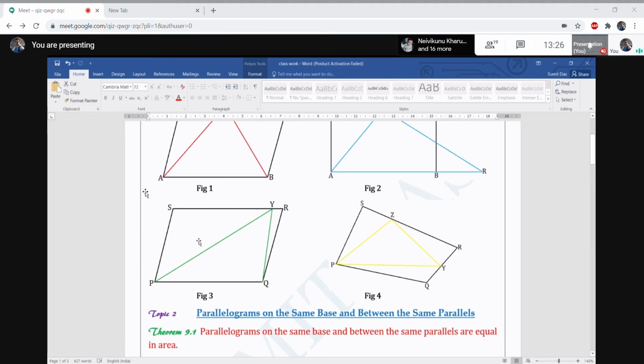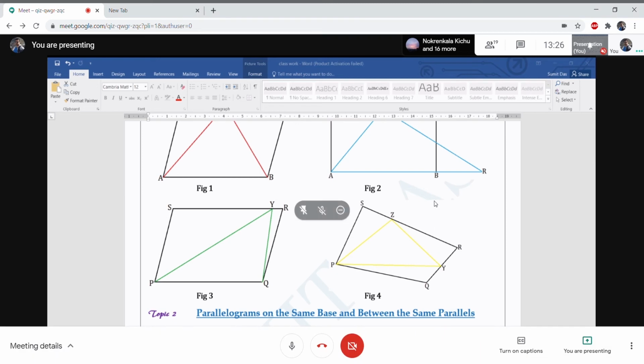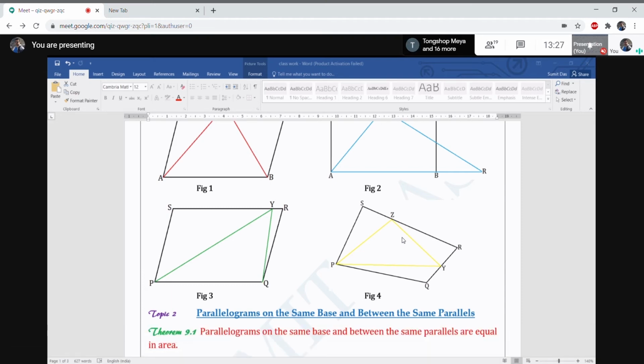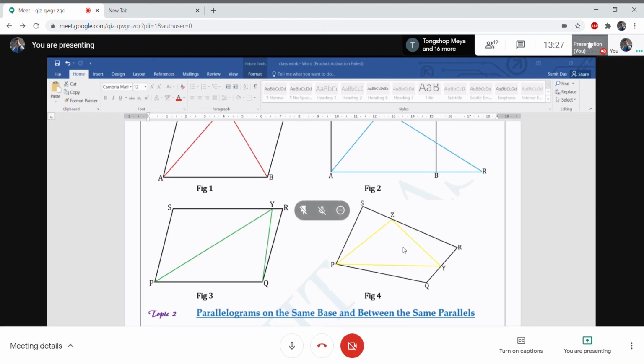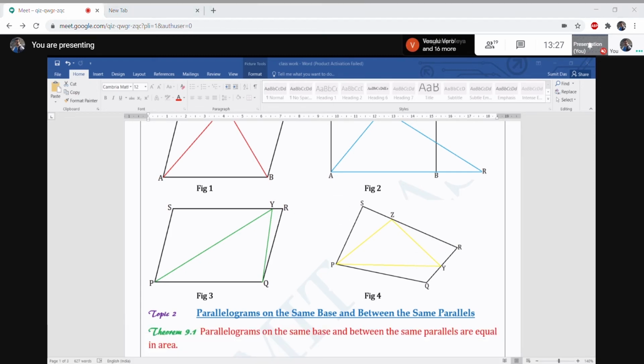Look, PQ and SR are parallel. In the fourth figure we can see one triangle and one quadrilateral, but they are not on the same base or between the same parallel lines. So these are the four different figures that you have to identify.